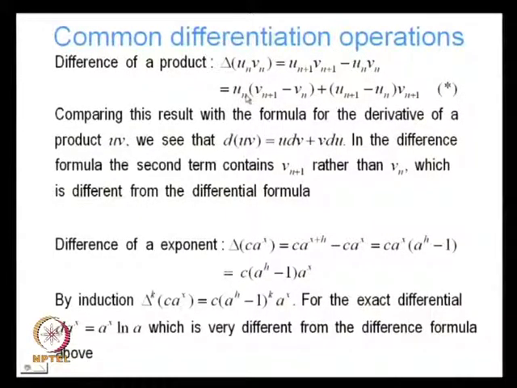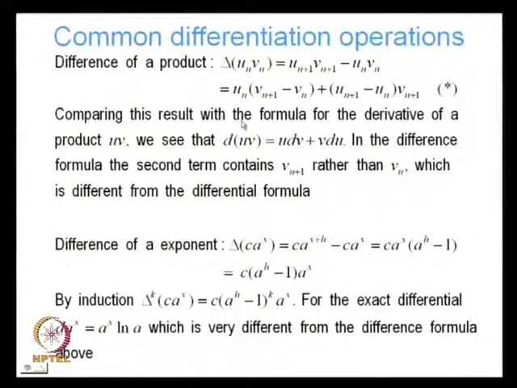I can write this as Un (Vn plus 1 minus Vn) plus (Un plus 1 minus Un) Vn plus 1. You can see that the only terms that survive are Un plus 1 Vn plus 1 and Un Vn. The terms Un Vn plus 1 cancel out because they negate each other. So, I can write it like that.